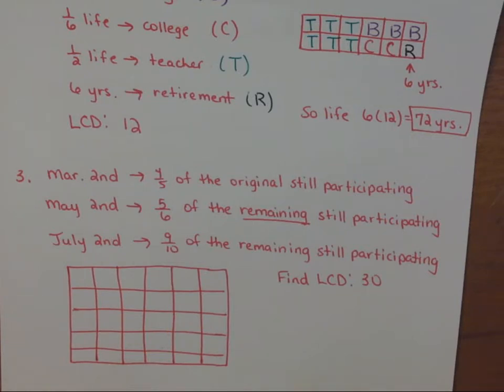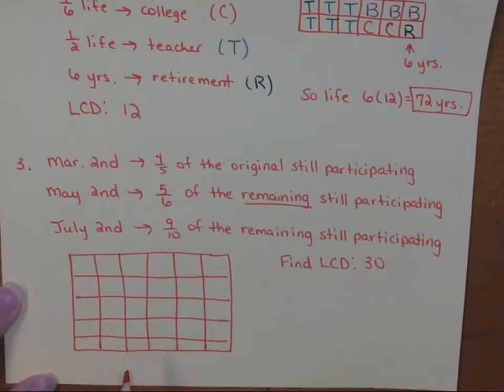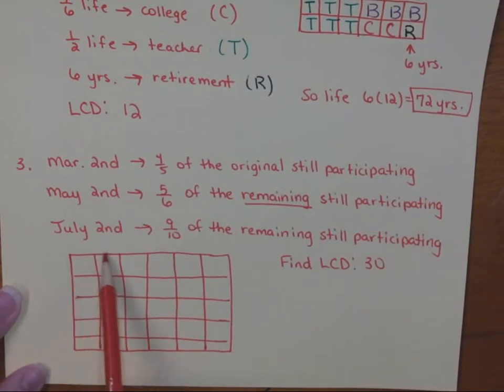Alright, so the box of 30 represents all the people that were originally in the program. But by March 2nd, only 4/5 of them stayed. So notice I have 1, 2, 3, 4, 5 rows. So I'm just going to lightly shade in 5 of those rows.